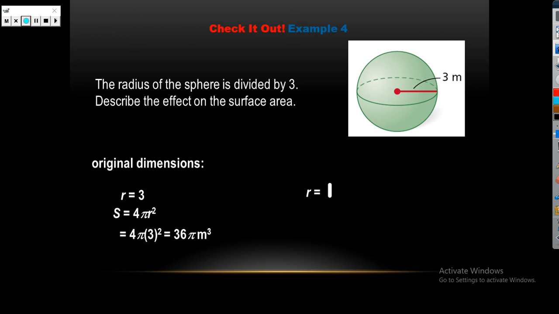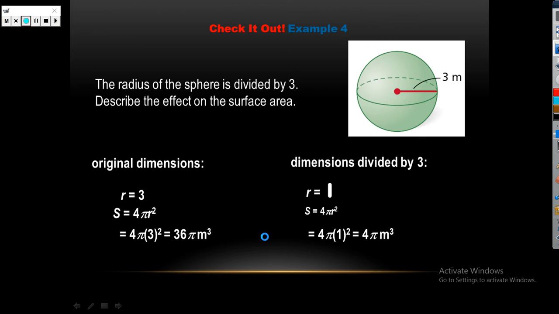So the surface area is 4 pi r squared. So 4 pi 3 squared, which is 36 pi meters squared. The radius divided by 3 is 1. So the surface area is 4 pi 1 squared, which is 4 pi meters squared. So the surface area is divided by 9.